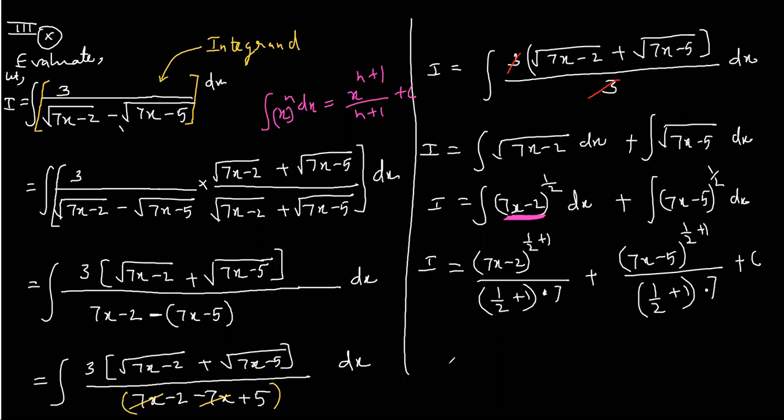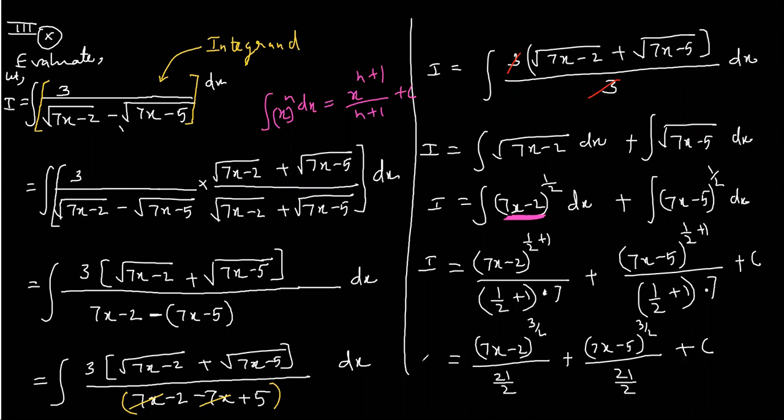So the answer here you get is 7x minus 2 raised to 3 by 2, and this is 3 by 2 into 7, that is 21 by 2, plus 7x minus 5 raised to 3 by 2, this is 3 by 2 into 7, that is 21 by 2, plus c.